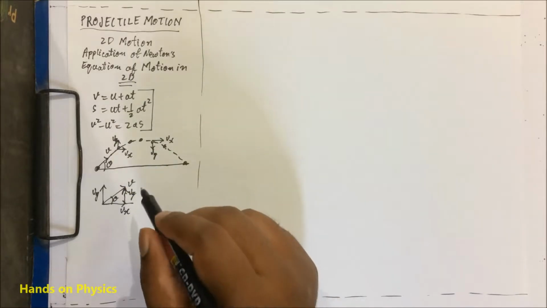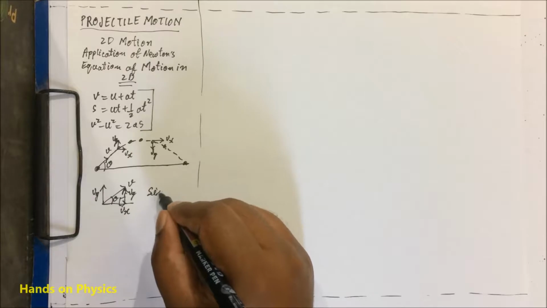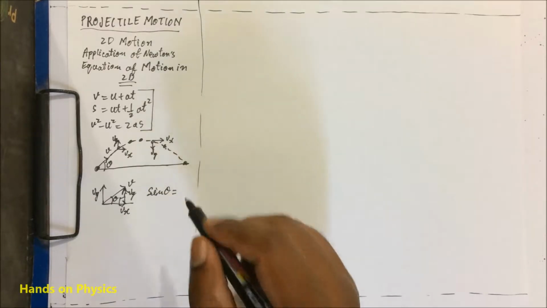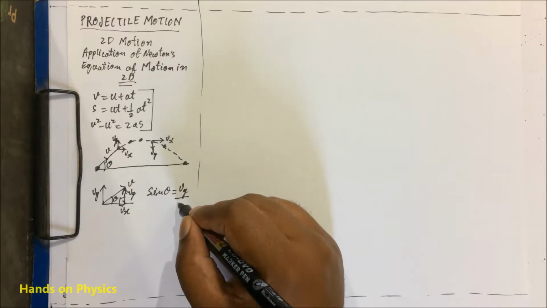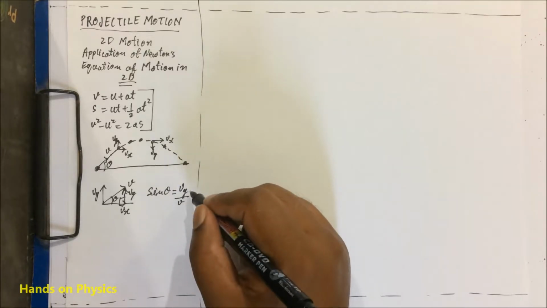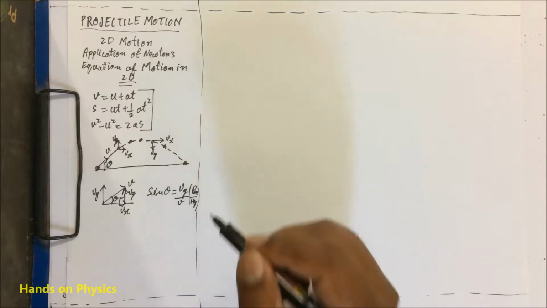In this right angle triangle, sine theta is Vy upon V, because sine theta is perpendicular upon hypotenuse.